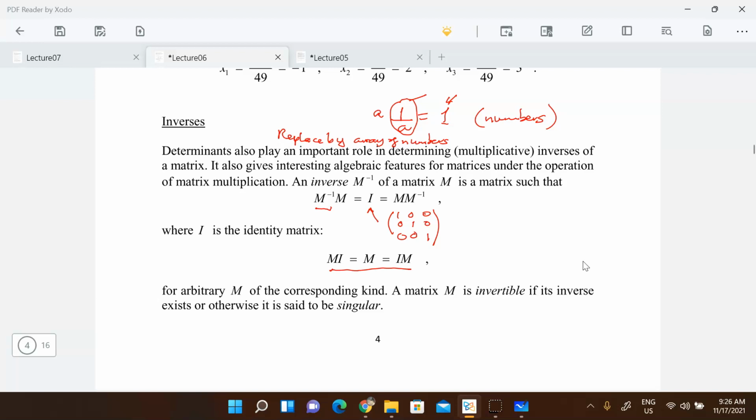But there are cases where you have a matrix M and your determinant of M equals 0. In that particular case, we call that matrix M singular. If your determinant of M is not equal to 0, then we say that matrix M is invertible, and you can actually find your inverse matrix.